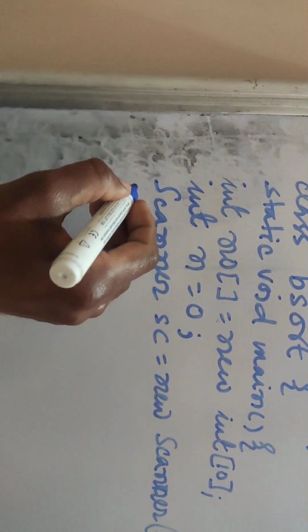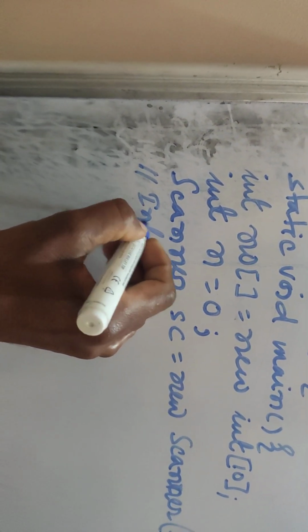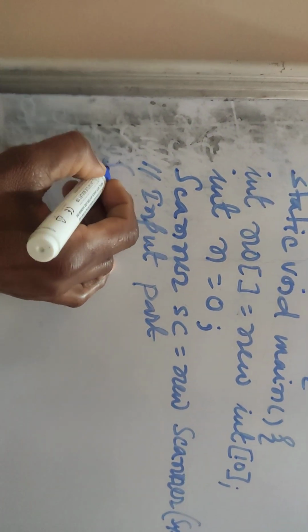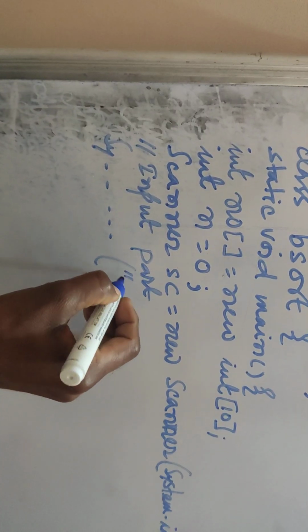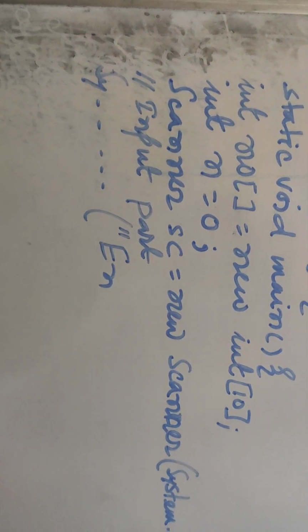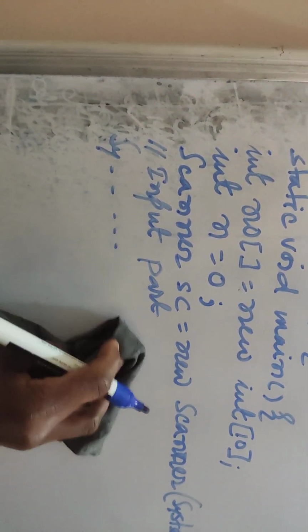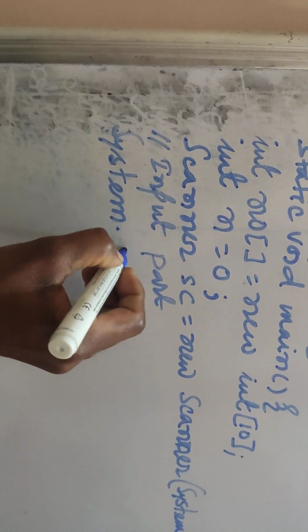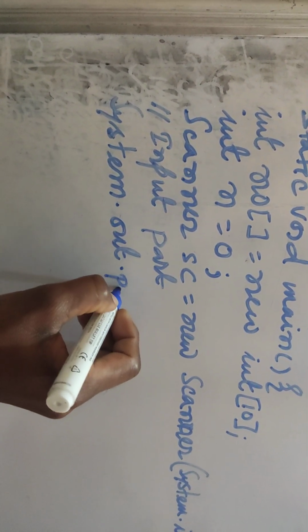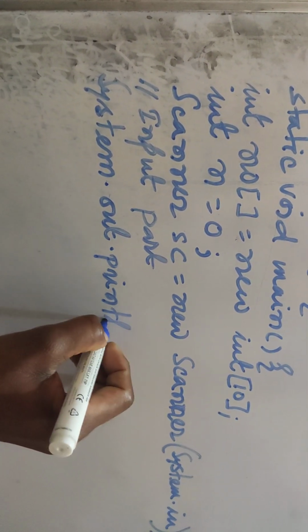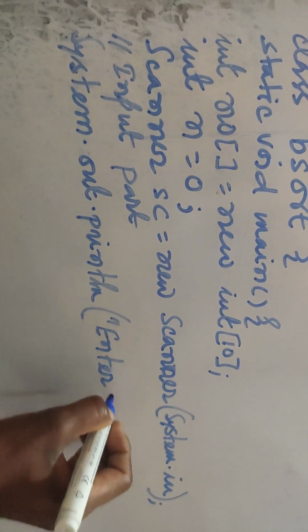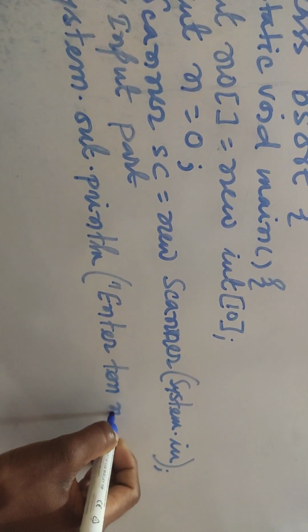So first the input part. System.out.println, enter 10 numbers.